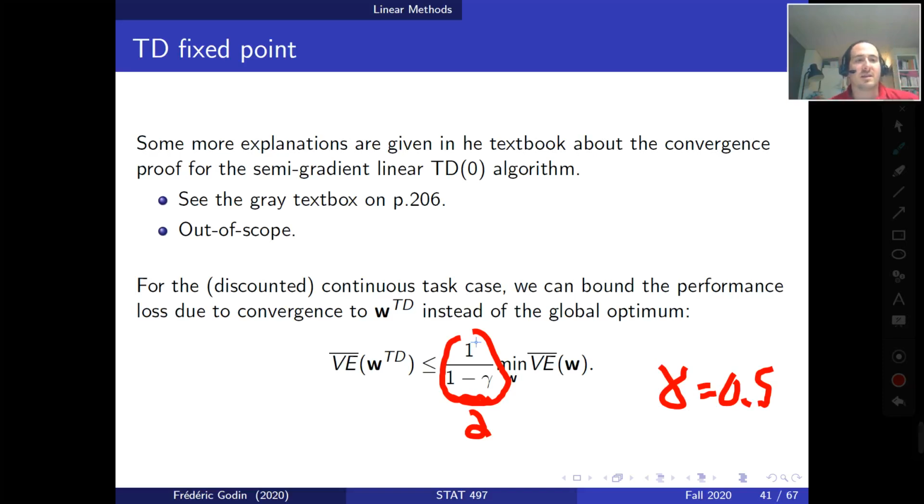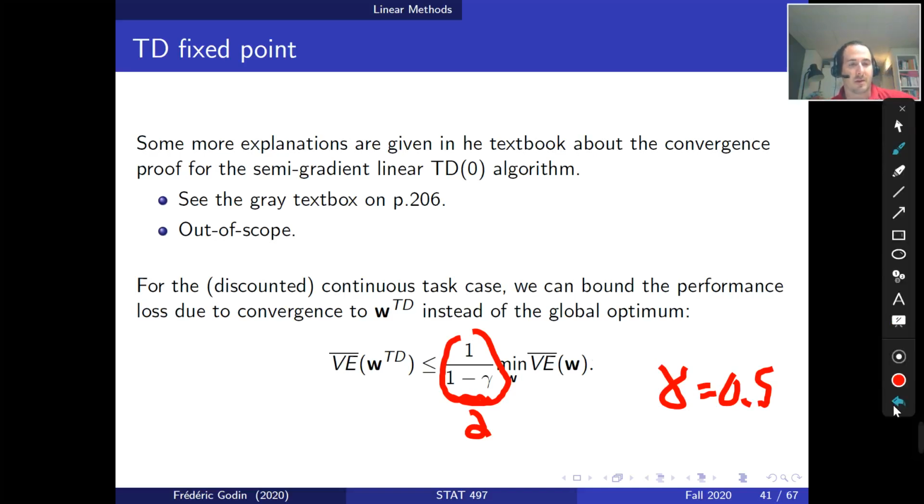So in that case, when the discount factor is pretty close to 1, the loss of performance can be very large because that bound would not be tight at all. So if gamma is close to 1, the bound is very large, so convergence to the TD0 fixed point might not provide a good approximation. But when the discount factor is small, you should have a more satisfactory solution by converging to the TD fixed point.